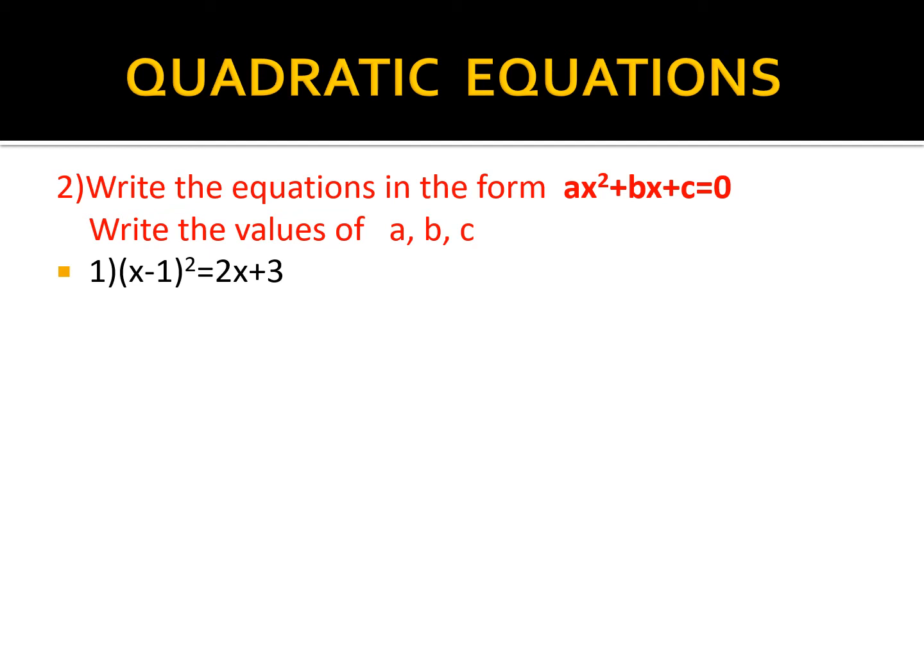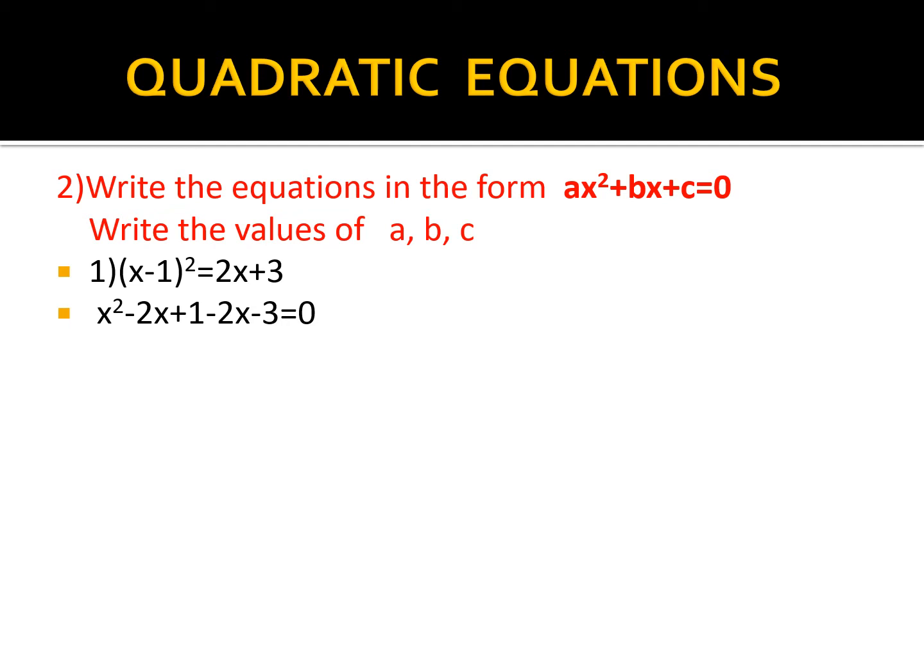So x minus 1 the whole squared is equal to 2x plus 3. We expand the left hand side using the formula x minus y the whole squared is equal to x squared minus 2xy plus y squared. So here we will expand x minus 1 the whole squared. We get x squared minus 2x plus 1.